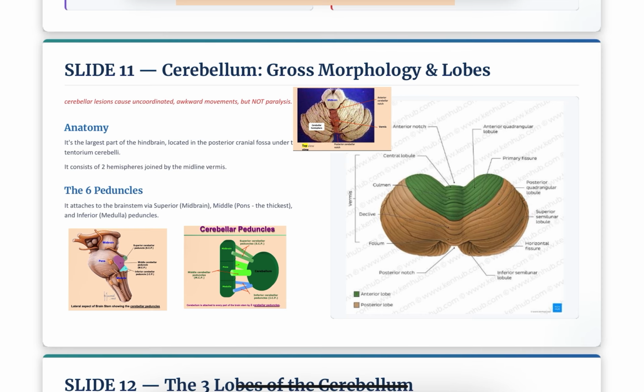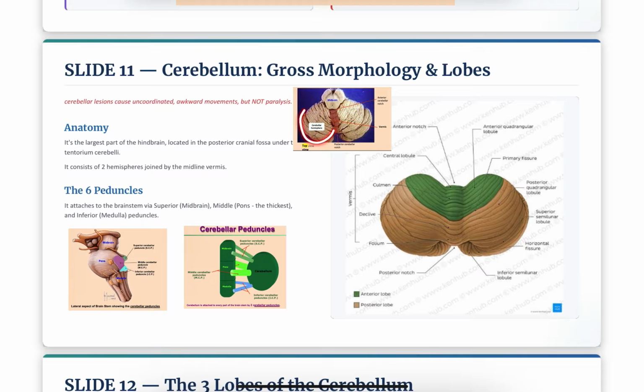And when we look at the cerebellum anatomically, it's the largest part of the hindbrain. And it's located where? In the posterior cranial fossa underneath the tentorium cerebelli.